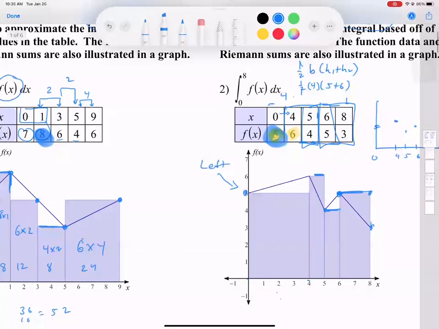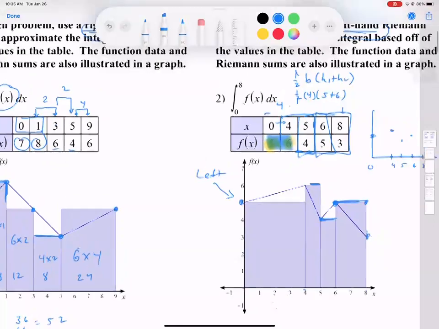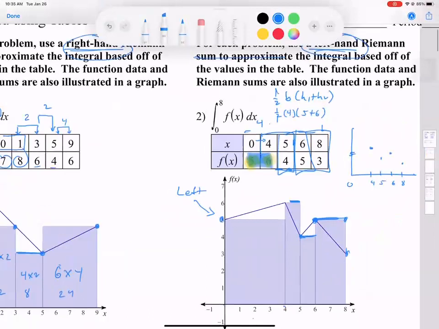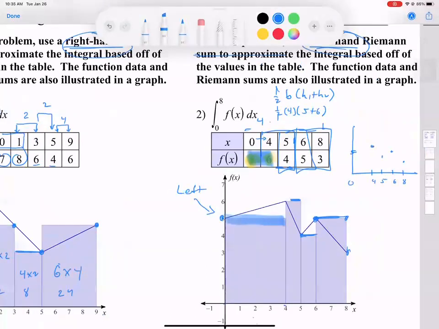So for the first segment here, you get to choose 5 or 6. Since we decided to be left hand, we would choose 5. That's why we're at 5. Between our next segment, between 6 and 4, we're going to choose 6 because we want the left one, right?